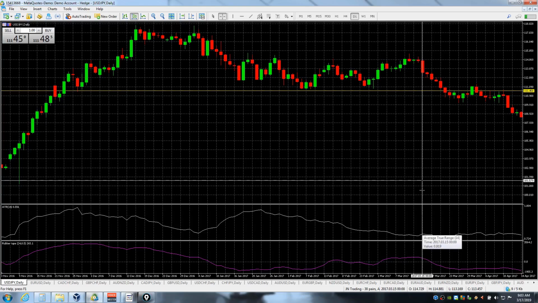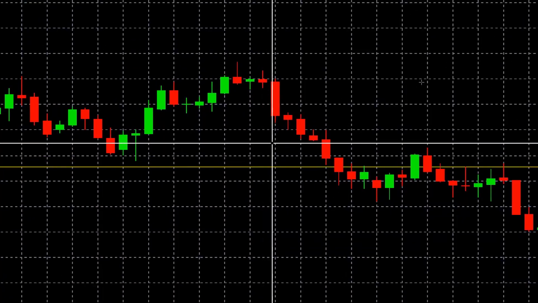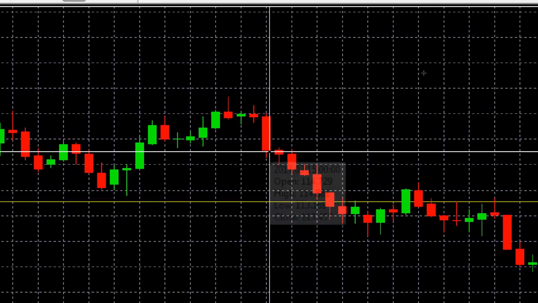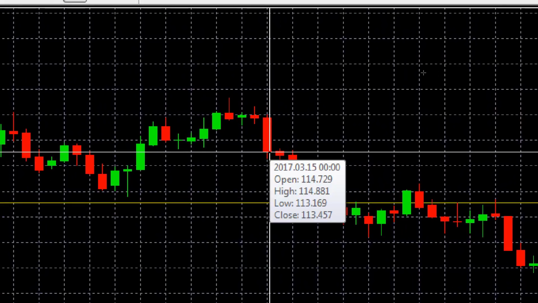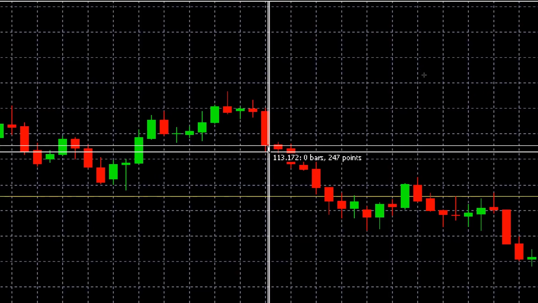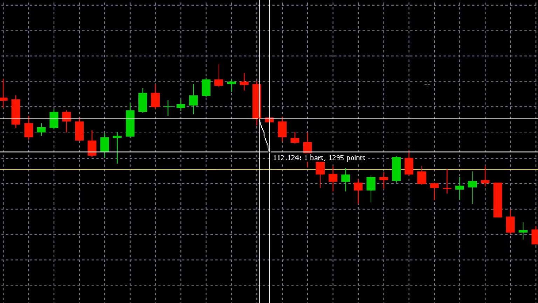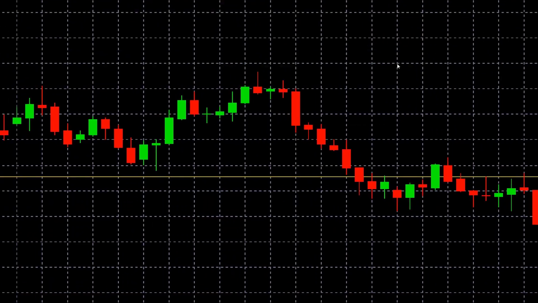All right, and so when you're measuring your distance from candlesticks to others to see if you have a winner or a loser, it's the same thing. So 1295 points is 129 pips. I just ignore that last digit. I don't really care about half pips or whatever, so I just ignore it.